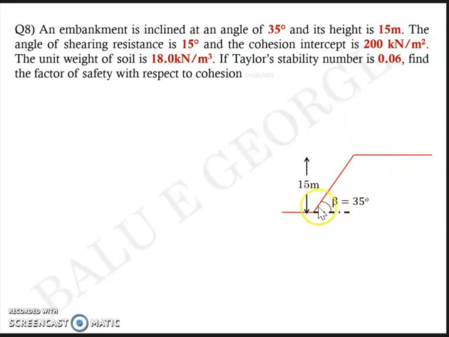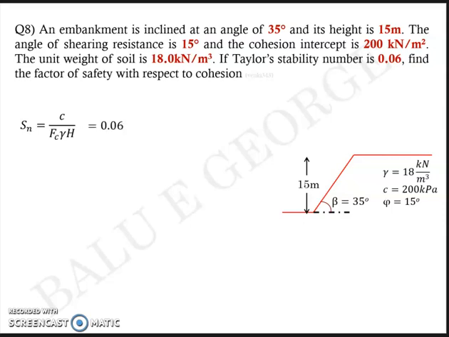Now, based on the geometry, beta, or the angle i that we have represented in the theory, is 35 degrees, height is 15 meters, gamma is equal to 18, C equal to 200, phi equal to 15. Now we know that the stability number Sn is equal to C by Fc gamma h. The value of Sn is already given in the question and is equal to 0.06.